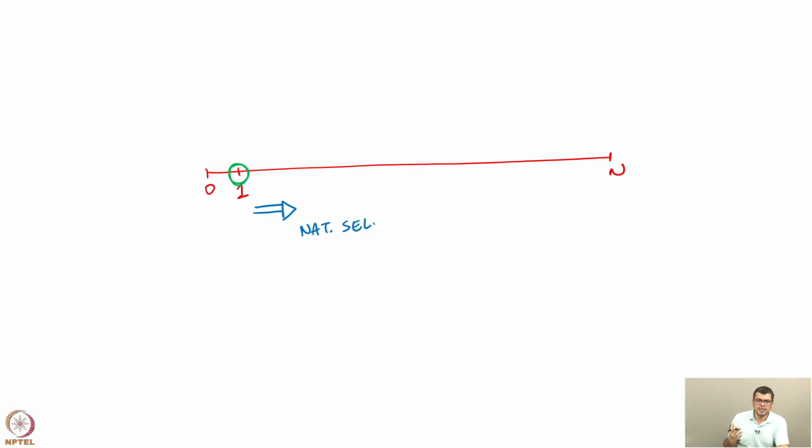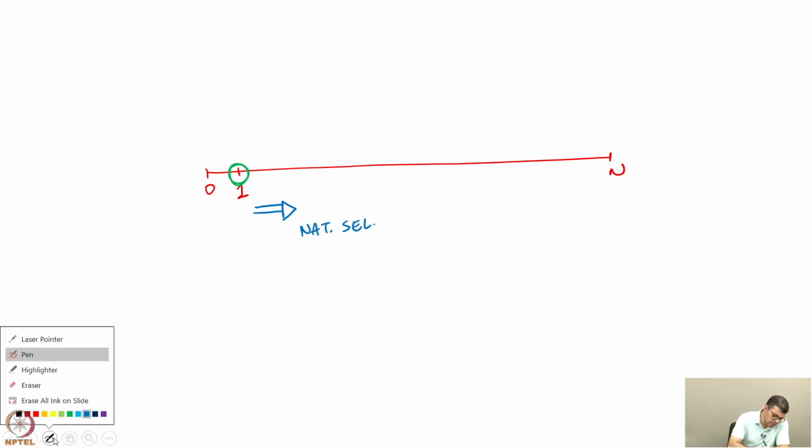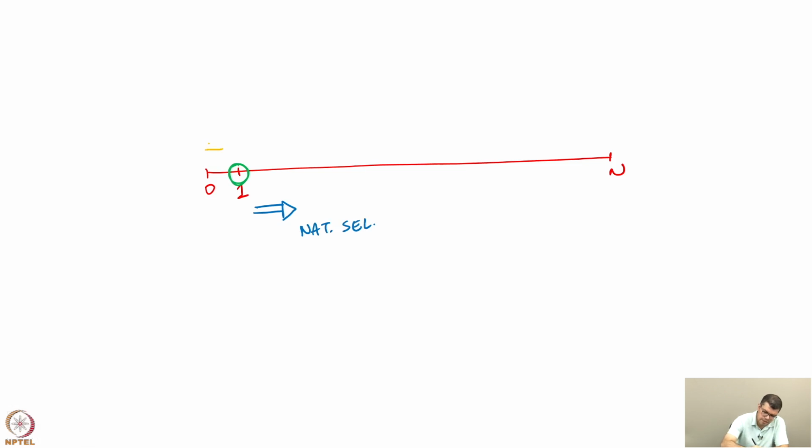Drift does not really care. Drift does not care where the system goes. It is happy to take the system in this direction or in this direction. So, this is the action of drift, or chance events.